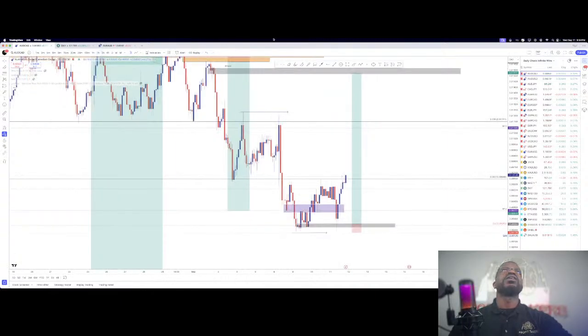Okay, 2 hour. If this thing closes like this, then we got a chance that this thing could continue this uptrend. And that's what we want to see. So this is a winning trade we got going so far.